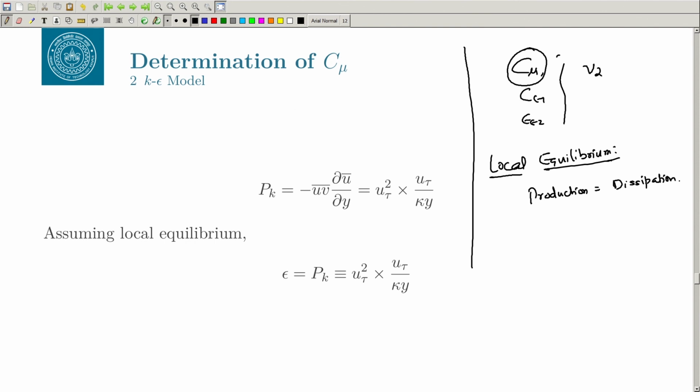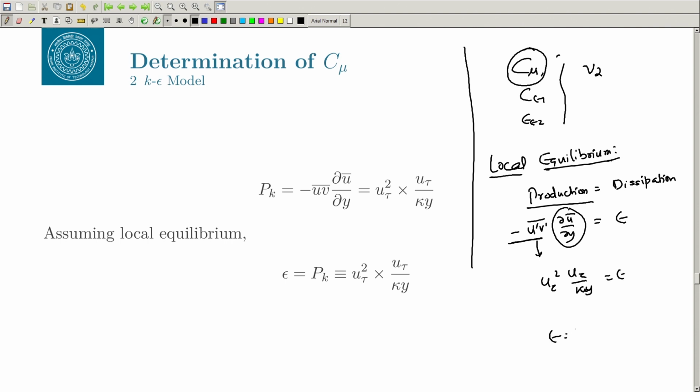Okay. Now, if you talk about the production, the production is given by minus u prime v prime bar, okay, del u by del y, right, and we can equate it to your dissipation. But again this is a stress, and if you go by the argument of the constant stress layer, this is equal to your u tau square, right, and in the log layer you have u tau by kappa y, right.